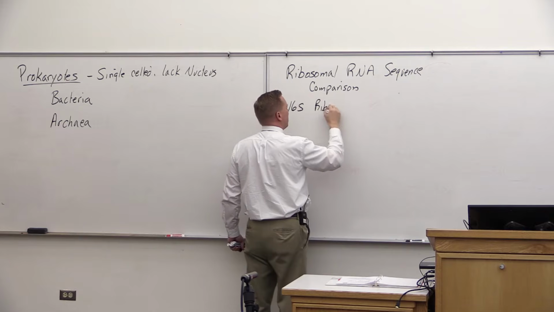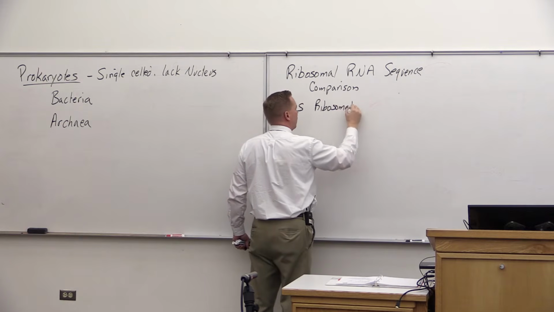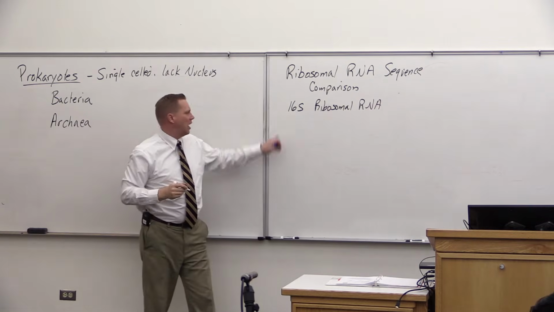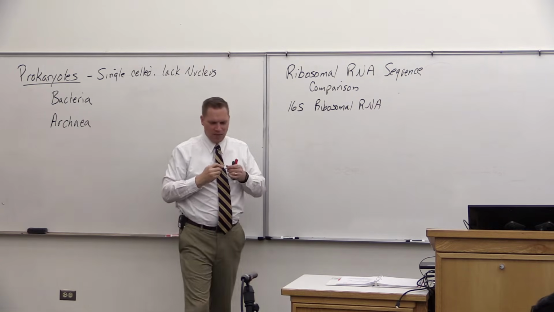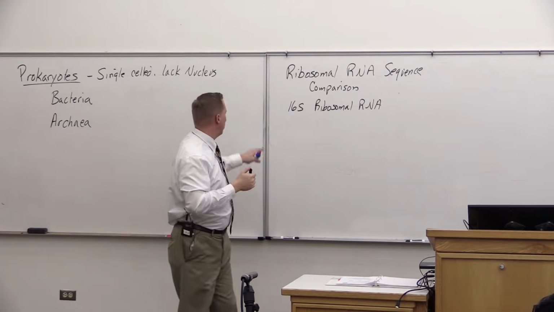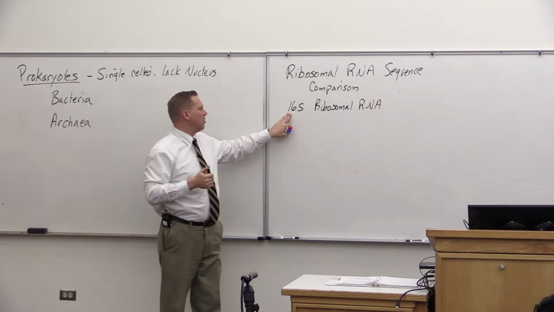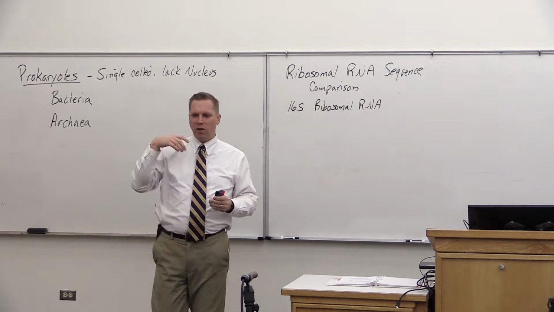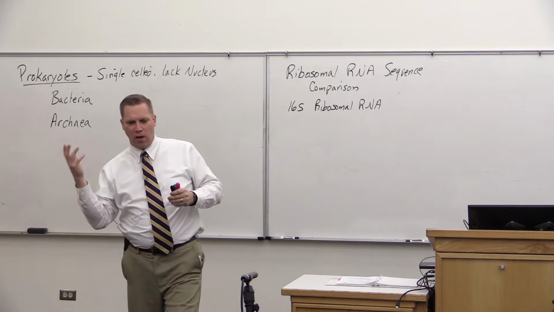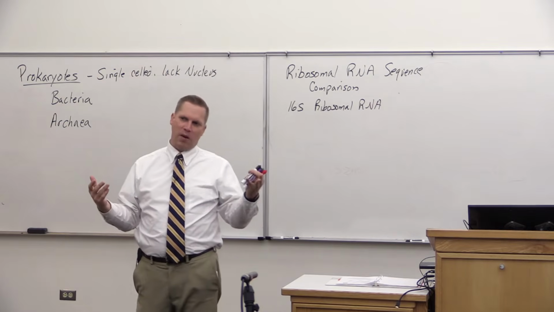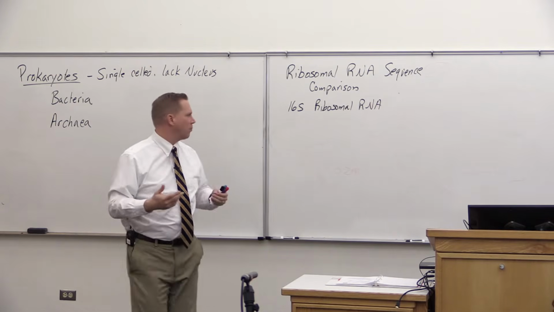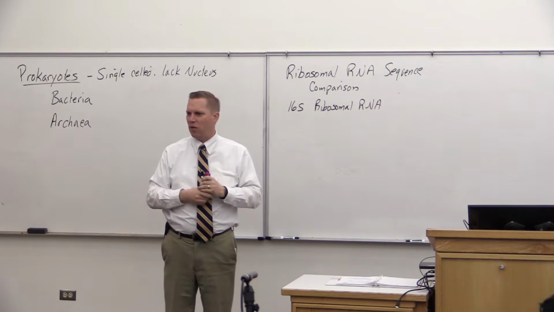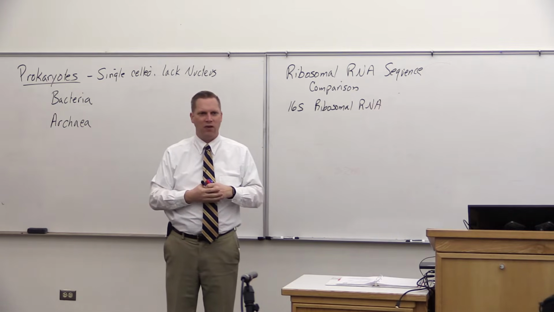There's several different pieces of ribosomal RNA, and so they're designated by a number with an S in front of it, S being the units of that, Svedberg units. And so he was in particular looking at the 16S ribosomal RNA. And as he looked at the ribosomal RNA from bacteria and started comparing it with that of archaea, he started noticing some real differences in the sequences of those, even though they were performing basically the same function.